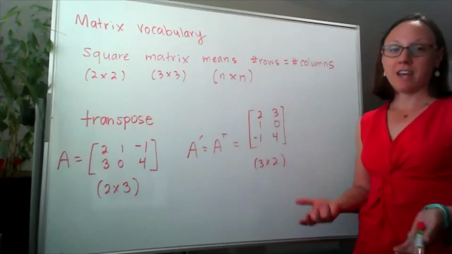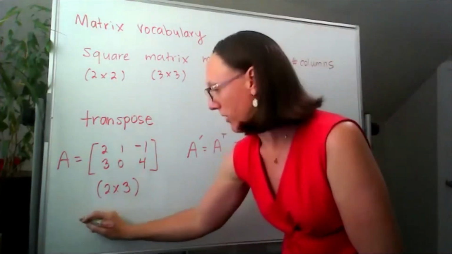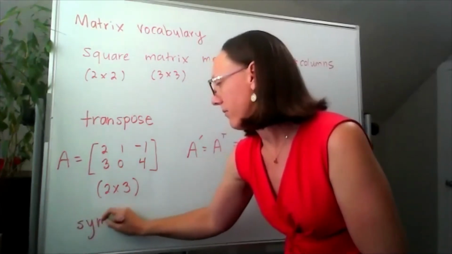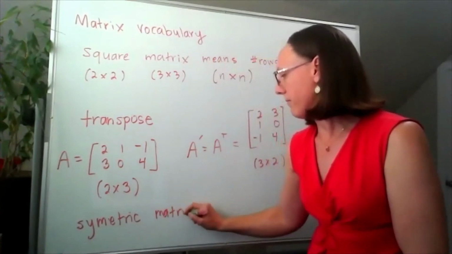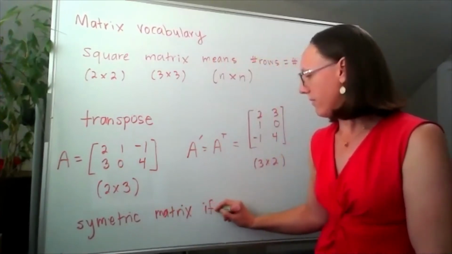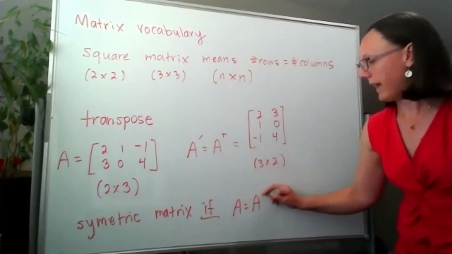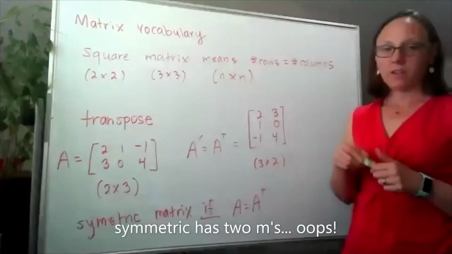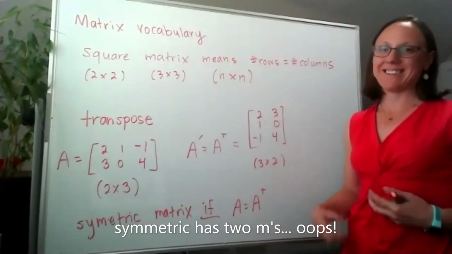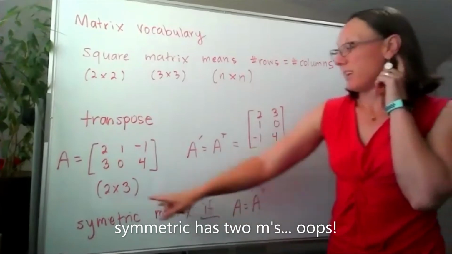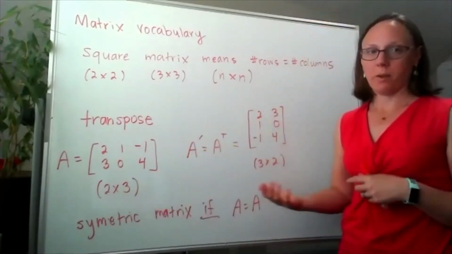So there's a special type of matrix that we call a symmetric matrix, if A is equal to A transpose. The only way that A can be equal to A transpose is if it's a square matrix, because in general, when we take the transpose, we're swapping the number of rows and number of columns.